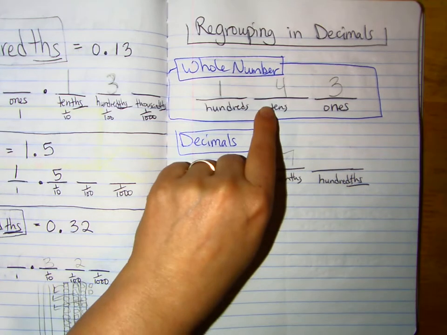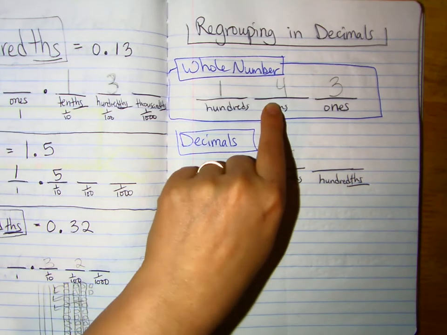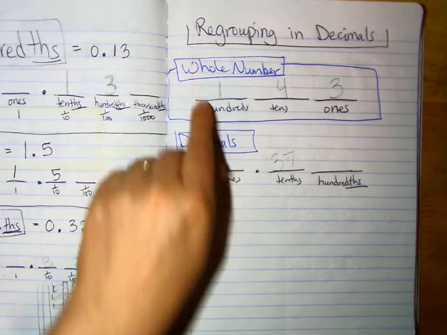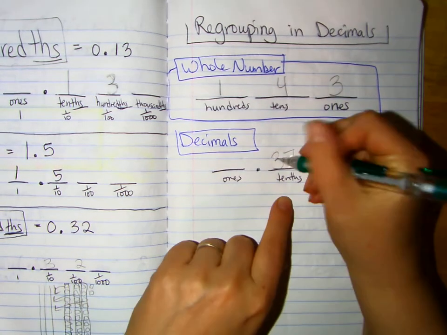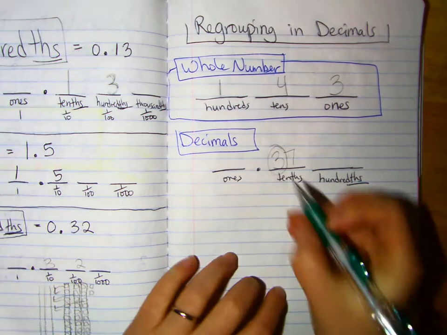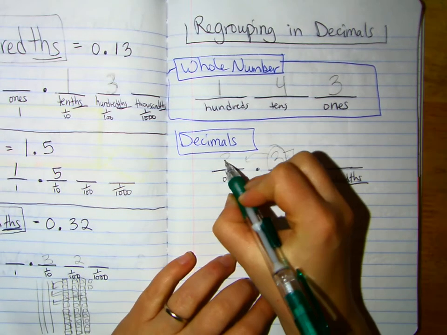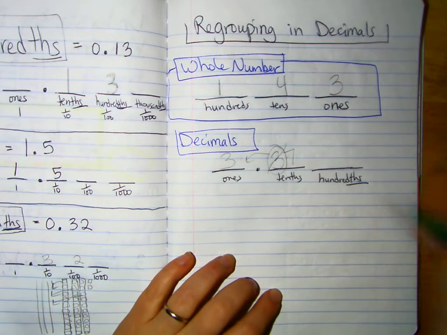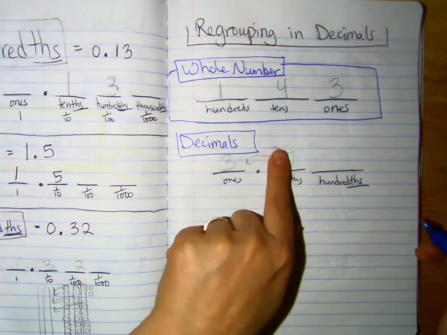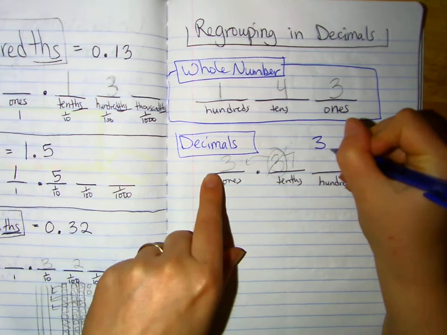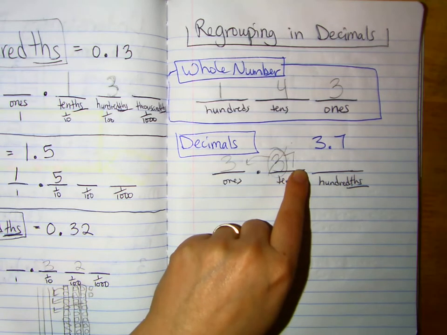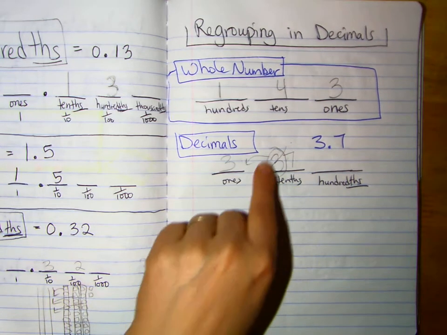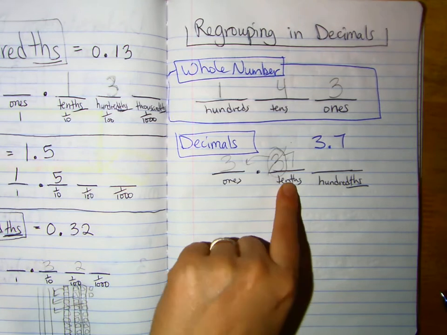And just like we had up here, when I had 14, and my 1 got bumped up, it's the same thing even if I'm in decimals. When I'm looking at the number 37 tenths, that 3 can't stay there. I know it's going to get bumped up next door. And this is going to become 3 and 7 tenths.